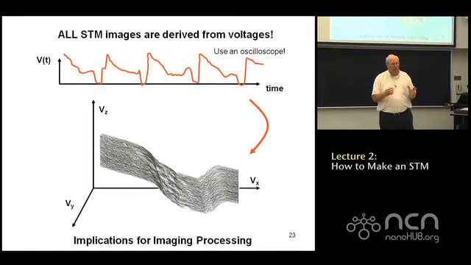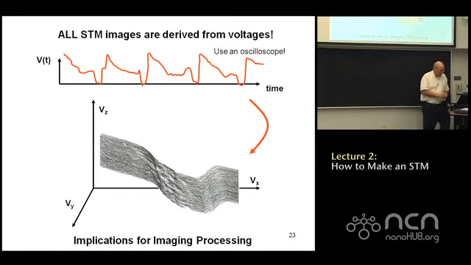So I always try to encourage students to hook up an oscilloscope to look at the voltage signals that the microscope is generating, because the image that you get is a voltage image. It's just interpreted in terms of X and Y and Z by software. And if you want to know whether the microscope is working, you almost have to monitor these voltages and start to get a feel for what are good signals and what are bad signals. So I always encourage students to use an oscilloscope to monitor voltages, right? Because it's voltages that are then transformed into images.